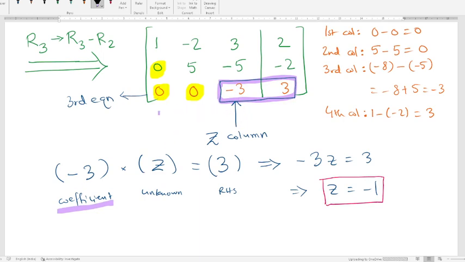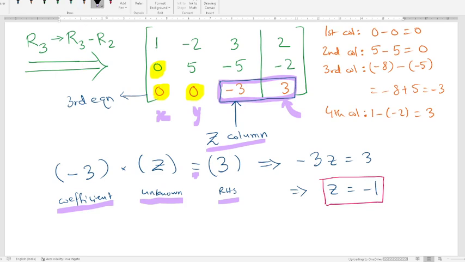The first column is the X column, the second column is the Y column, the third column is the Z column. So the unknown is Z. On the right hand side, we have got this number 3, right? So we write down 3 with an equal to symbol in between. And this gives us negative 3Z is equal to 3. From there, we find the value of Z as equal to negative 1.